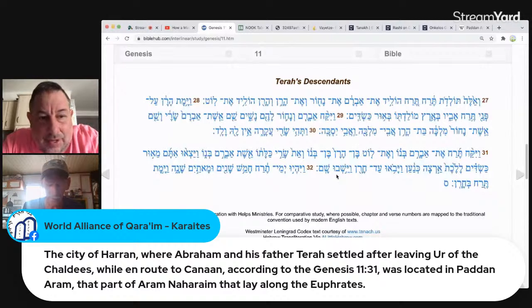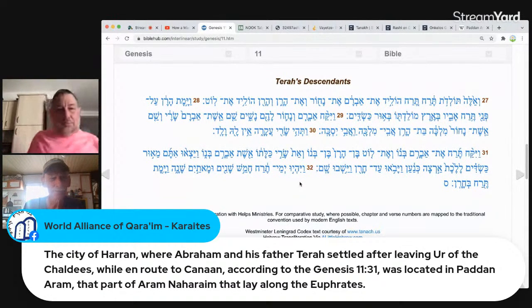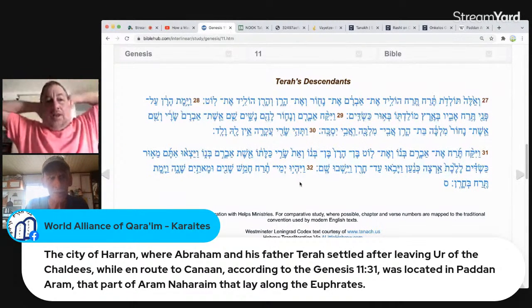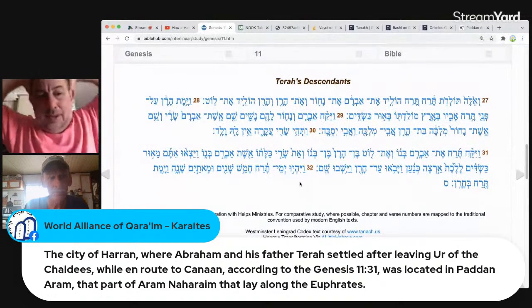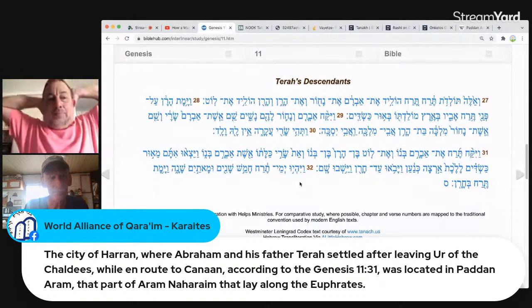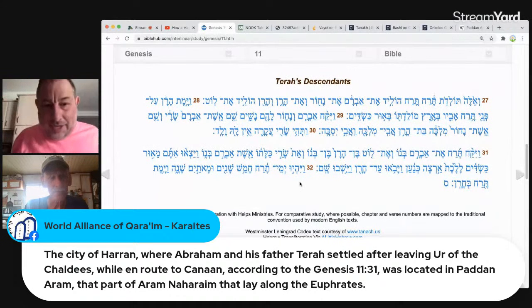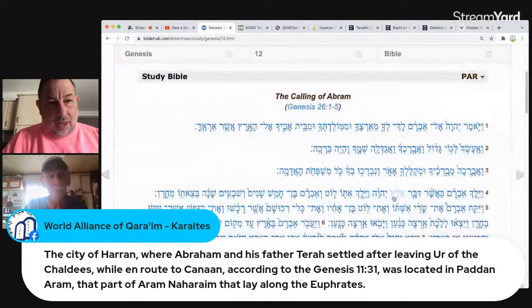People miss this because it's usually brushed over, but it was Terach who took the family out of Ur Kasdim, on I believe the Euphrates River, maybe the Tigris, and brought them over to this place Haran. They were on their way to Canaan, but Terach stopped in Haran, and that's where God appears to Avram.